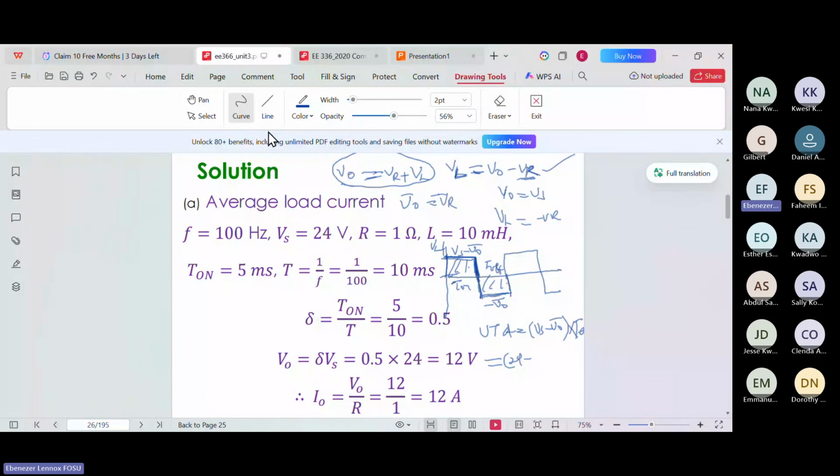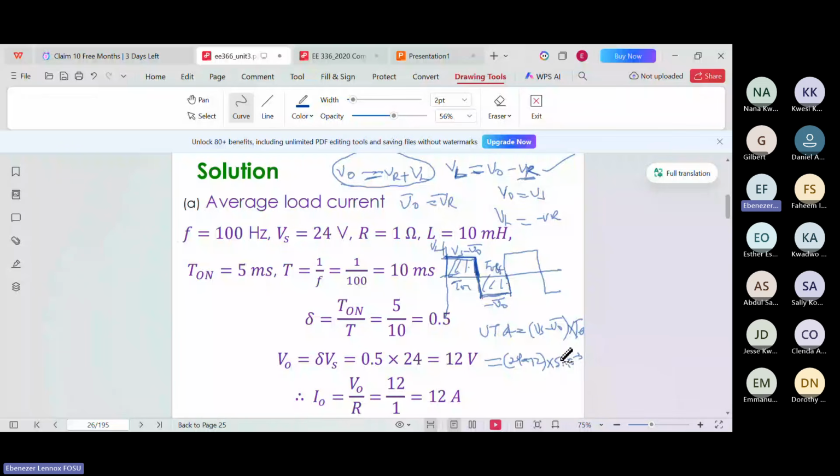All right, you're welcome. So let's substitute in the values. We will have 24 minus 12, because 12 is the average output, multiplied by the T on. T on is 5 milliseconds, so 5 times 10 exponent minus 3. So this is the VT.